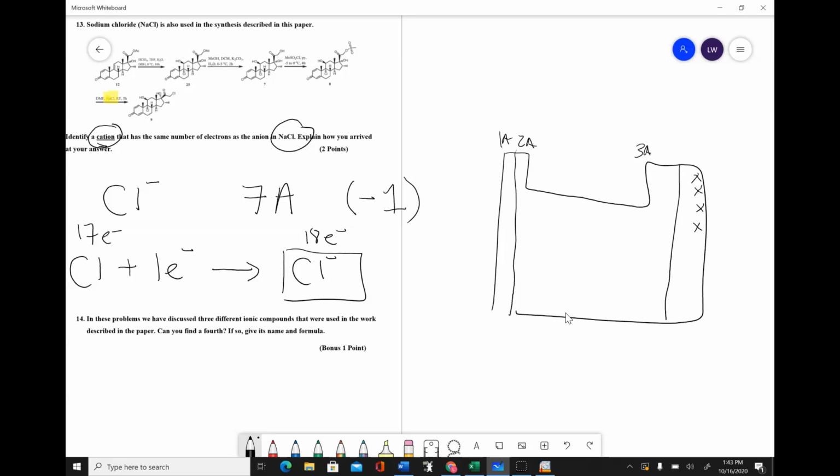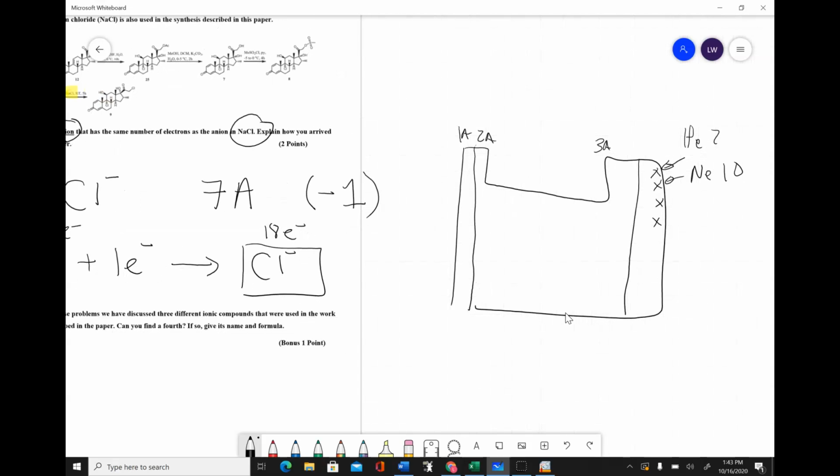So what we want to do is find the noble gas that has 18 electrons. Helium goes there, and it has 2 electrons. Neon goes here, and it has 10 electrons. And then argon goes here, and that's the one that we want. It has 18 electrons. So what we're looking for is a metal that's in either group 1A, 2A, or 3A that comes immediately after argon, in the next row.